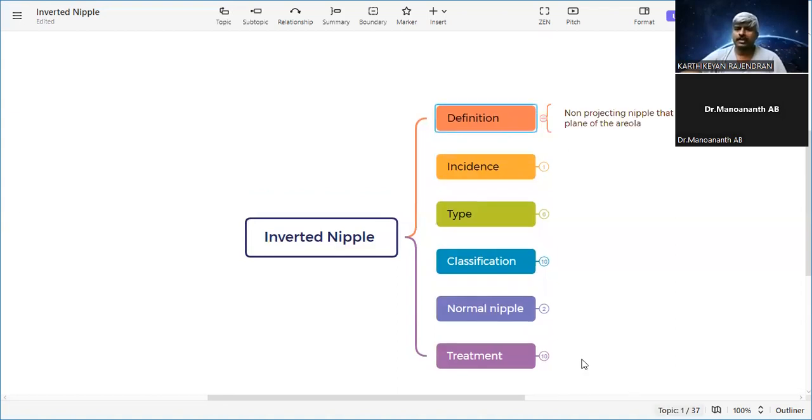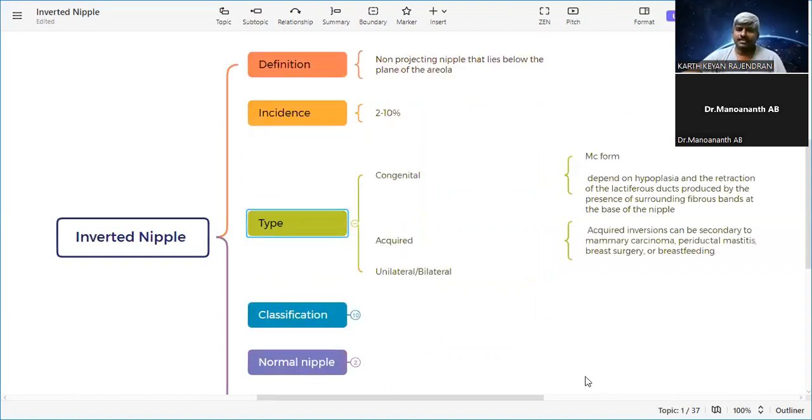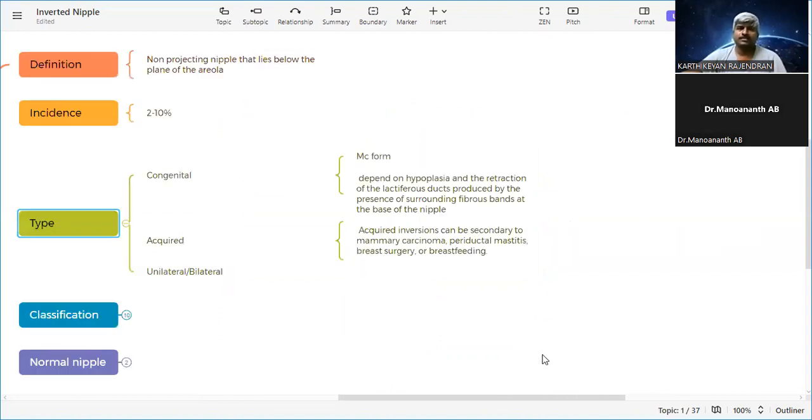So coming to the definition, a non-projecting nipple that lies below the plane of the areola. And incidence is 2 to 10%, and type is congenital or acquired, and congenital is the most common form.